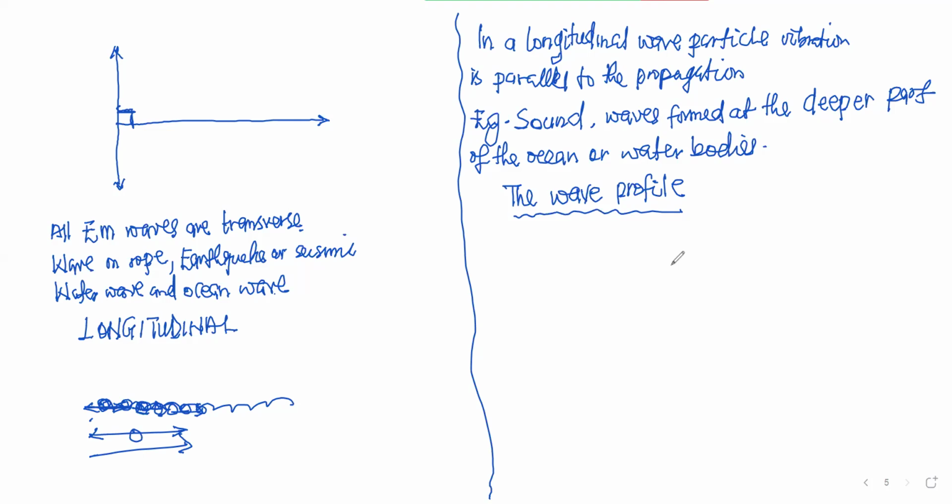So the wave profile, how does a wave look like? A wave is a repeated function. All repeated functions are harmonic functions. So a wave is simply simple harmonic motion. The wave motion is an example of a simple harmonic motion, meaning any motion which is repetitive, any motion which occurs at a constant angular velocity.